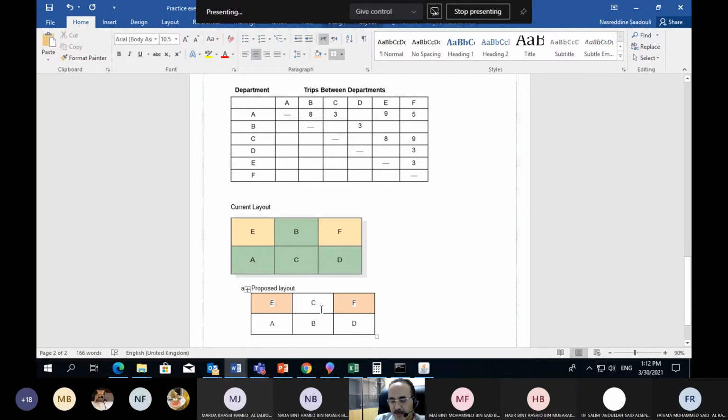In the middle location, which should we put in there? A or C? It turns out that C, because it also has a high closeness factor to E, this is the best location for C. And that leaves this location for A. So this is our proposed layout. Is this clear?